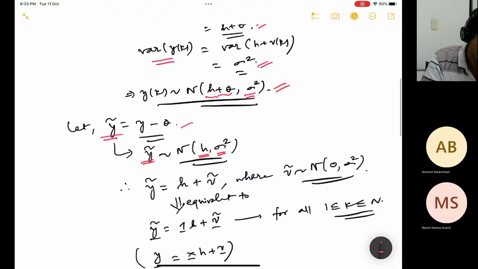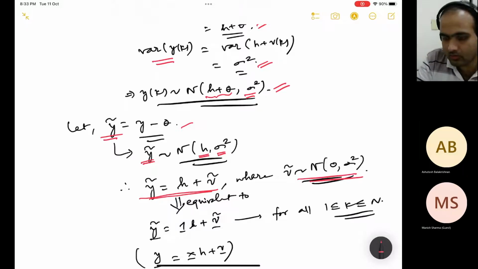So if the mean still remains h, what does that mean? That is, y tilde is basically h plus v tilde, where v tilde is now a zero mean, sigma square variance Gaussian. Try to understand what we did.